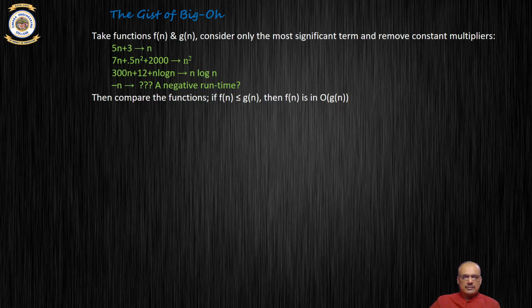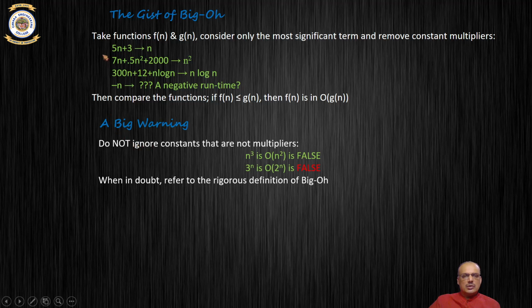In doing so, I would like to give a little bit of warning: do not ignore constants that are not additive, that is, multipliers. It's not that we should always ignore constants, but when you do that, be a little bit careful, especially when these multipliers have n in them.